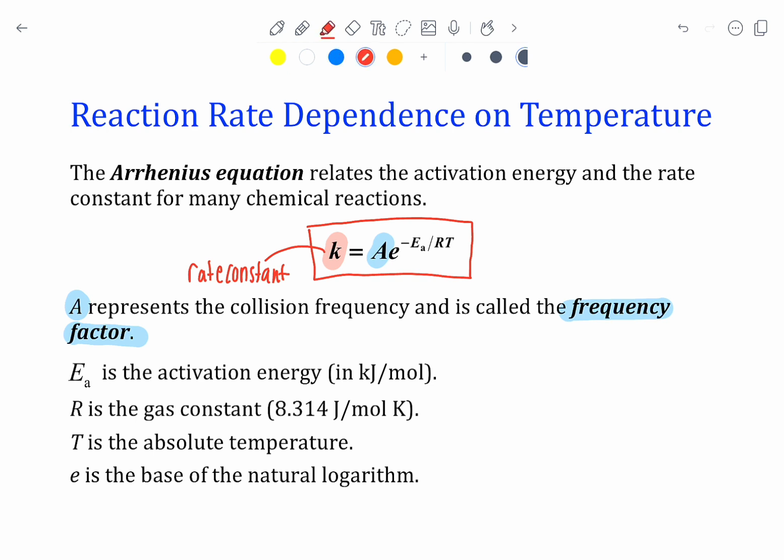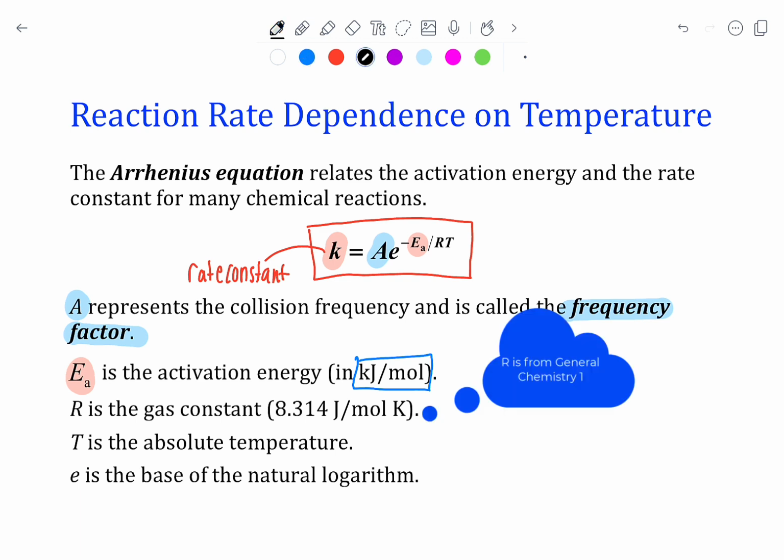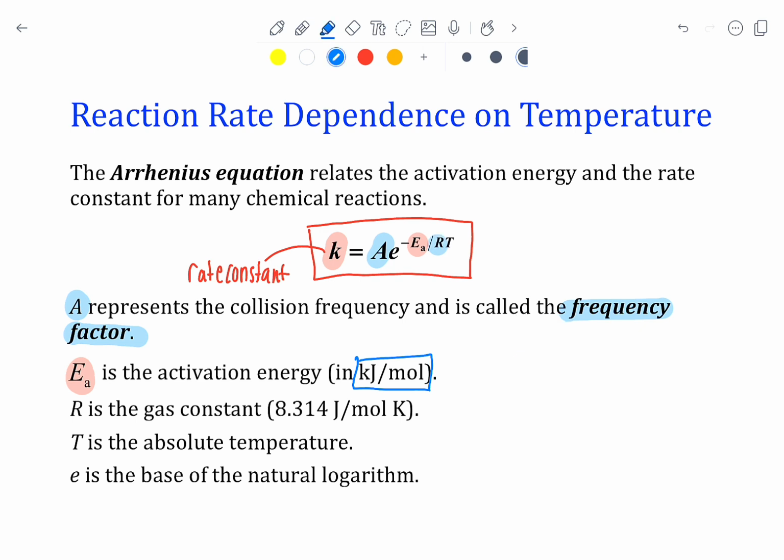E sub A, that's our activation energy, we know that one. And our activation energy in these types of problems will have units of kilojoules per mole. R is a constant we've seen before back in General Chemistry 2, capital R. That's going to be our gas constant.